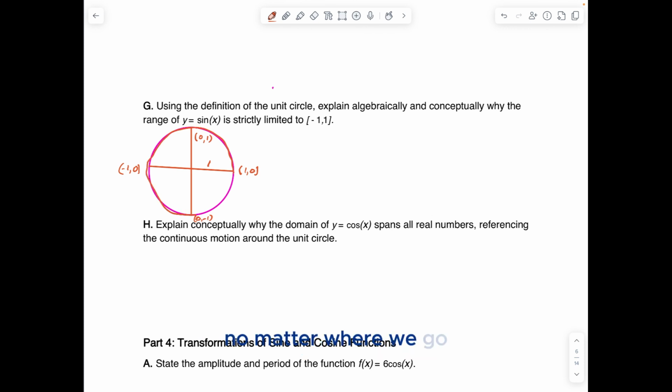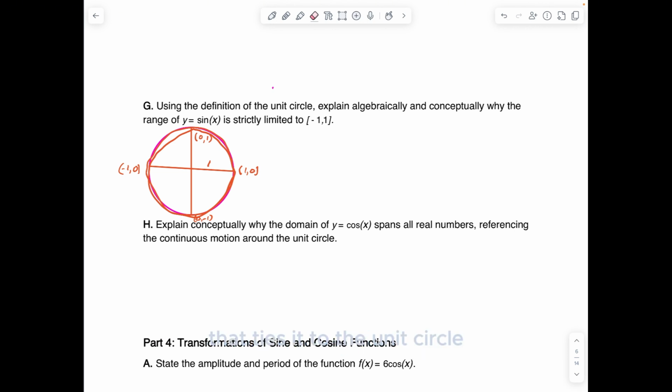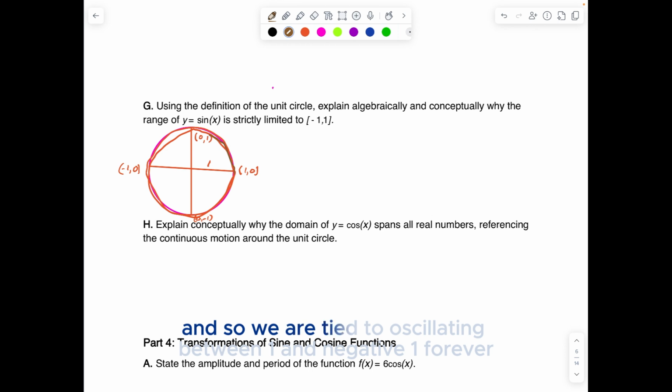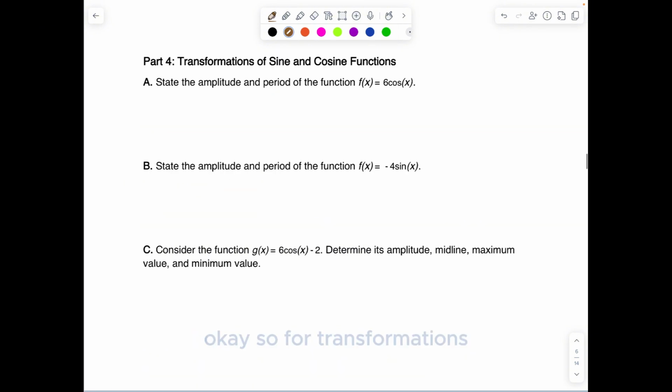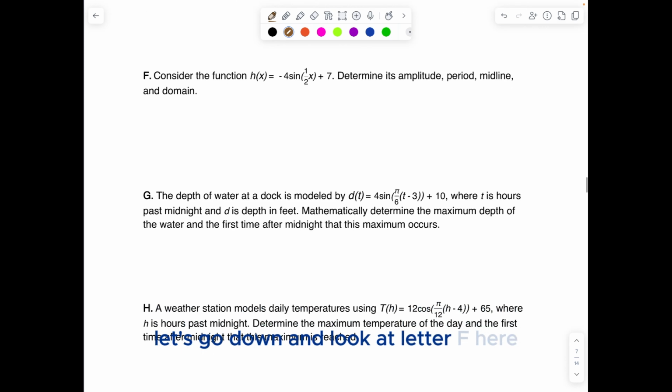No matter where we go, we can only go from 1 to -1, back to 0, back to 1. The function is going to oscillate between 1 and -1 forever. So any words to that effect, that ties it to the unit circle, saying that the radius of the unit circle is 1, and so we are tied to oscillating between 1 and -1 forever. That's all that's looking for there. Okay, so for transformations, let's go down and look at letter F here.